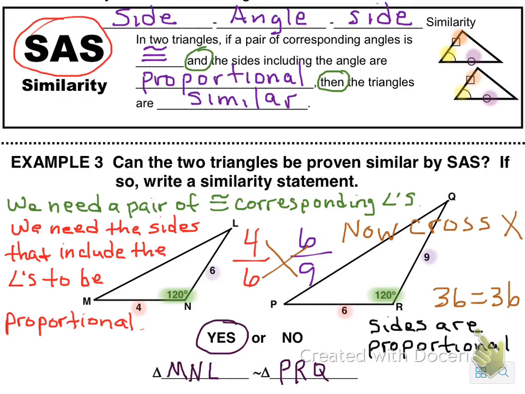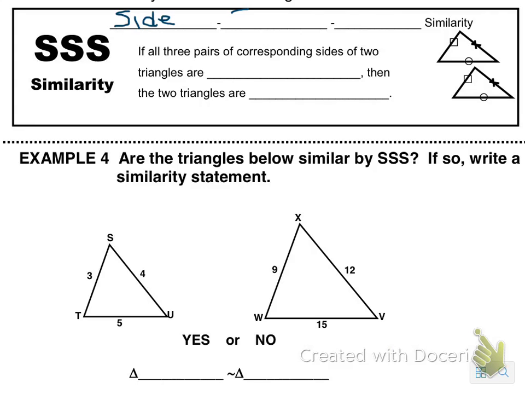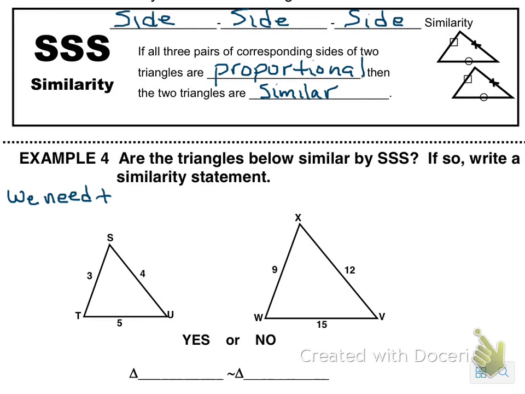The third theorem is called the side-side-side theorem. And it says that if the pairs of corresponding sides of two triangles are proportional, then the two triangles are similar.